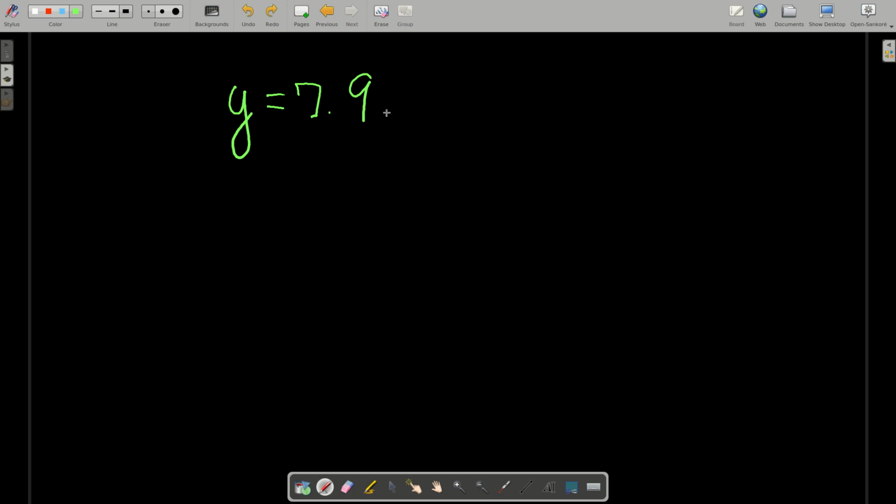I don't remember all the numbers. So we're going to solve for x, the particle size.